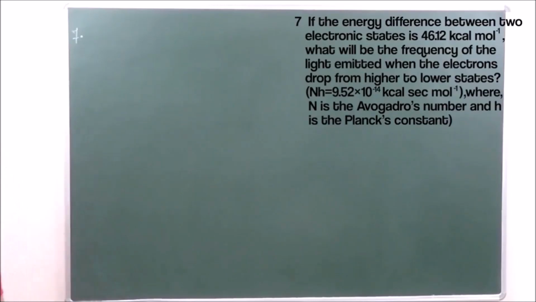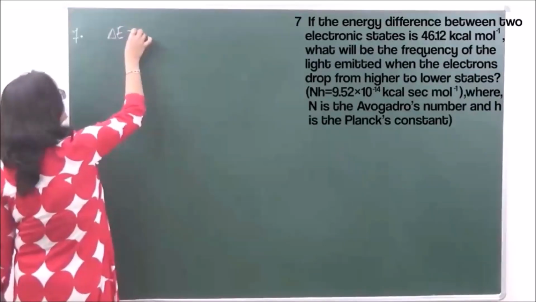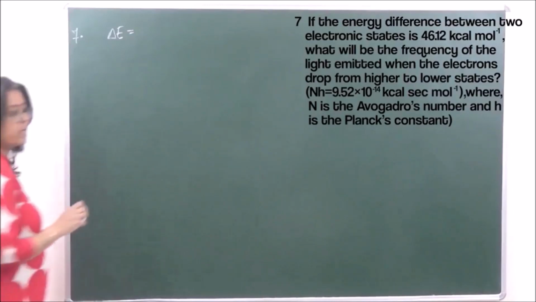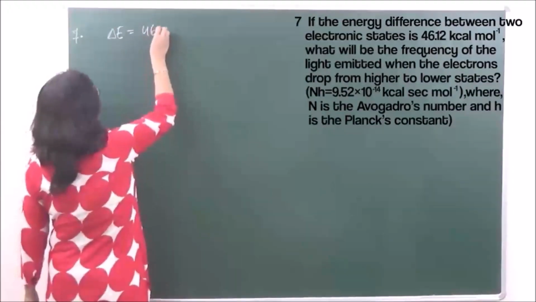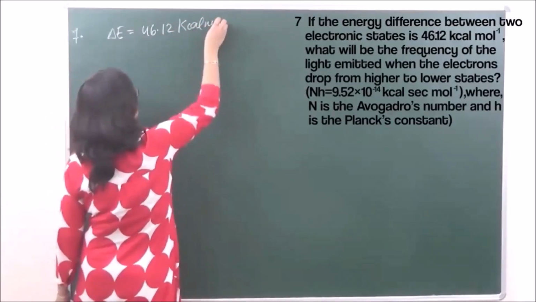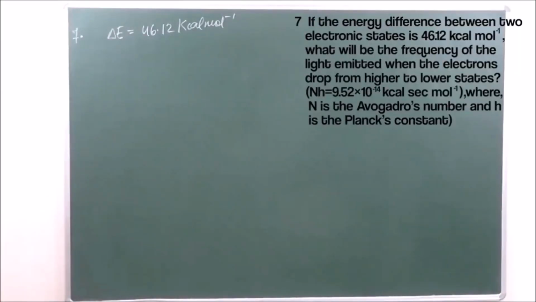Now what have they given to us in the question? Delta E is given to us, the energy of transition, that is 46.12 kilocalories per mole, right?